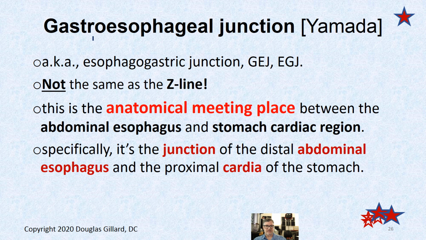We've also said that the gastroesophageal junction, aka esophageal gastric junction, is not the same as the Z line, right? No matter how many times I say that, you guys get messed up on that. It's the anatomical meeting place of the abdominal esophagus with the stomach, the cardiac region of the stomach.